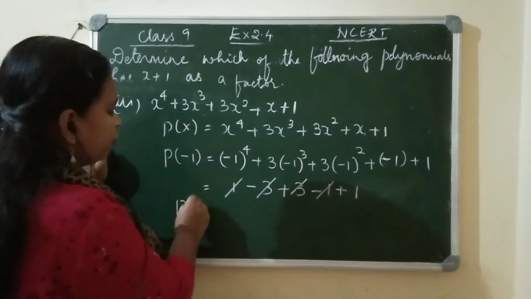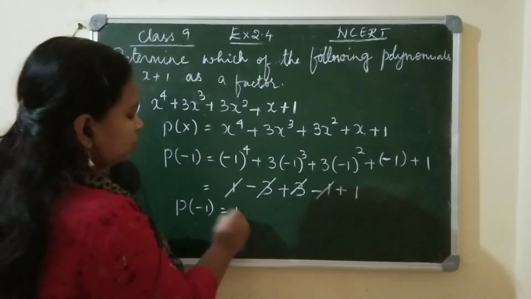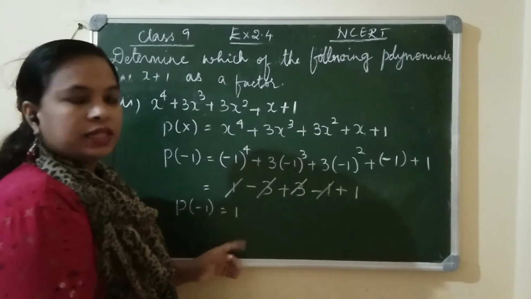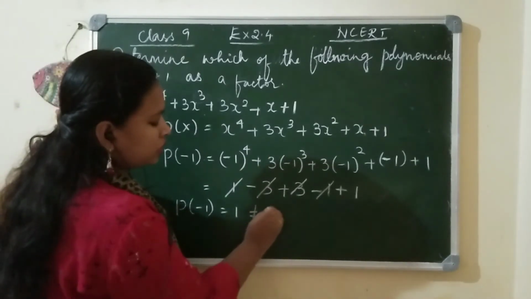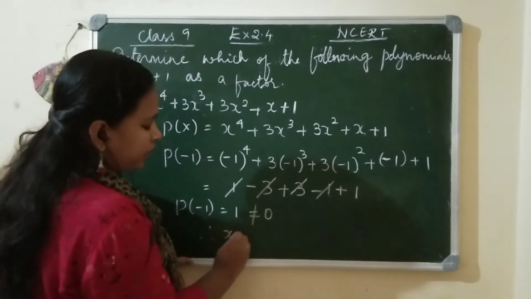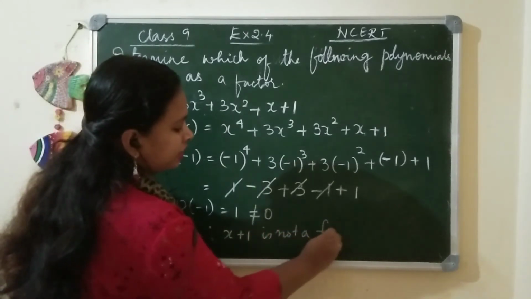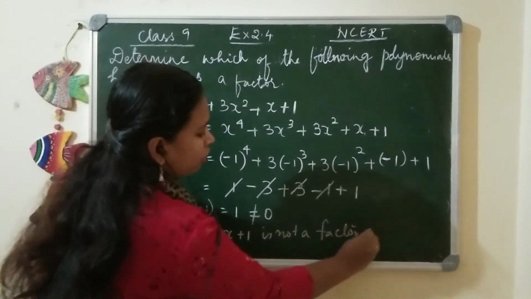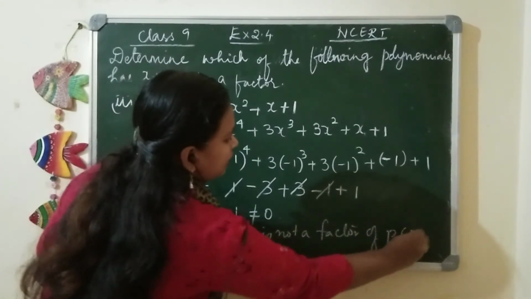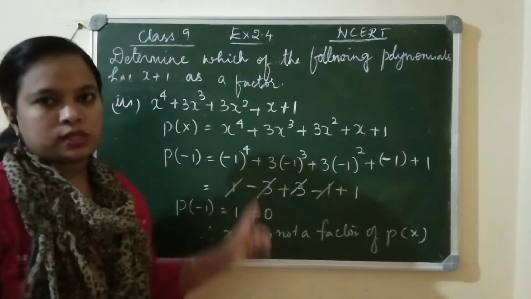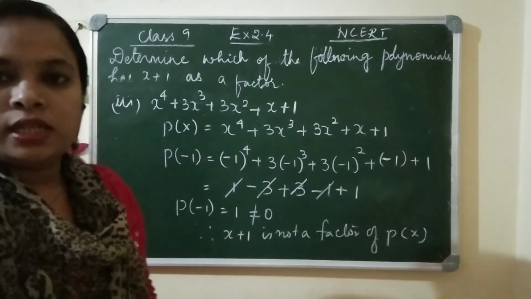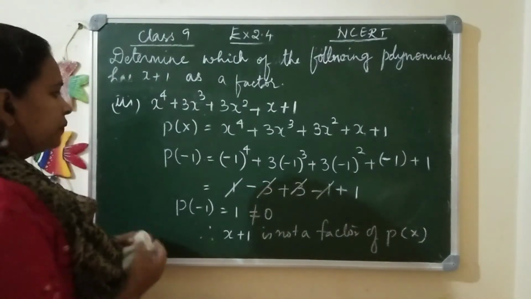So now p of -1 will be equal to 1, where again the remainder is not equal to 0. Therefore x plus 1 is not a factor of p of x. So in this case also it is not possible. Now let's see the next question, the last question.